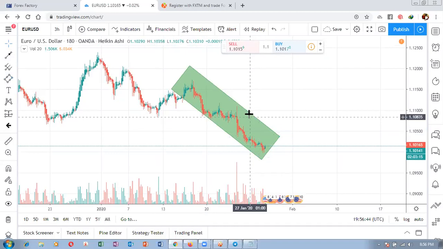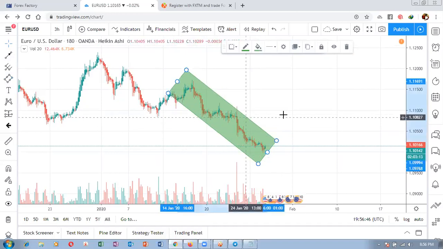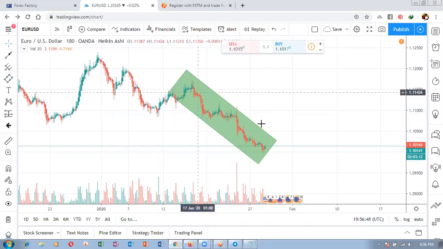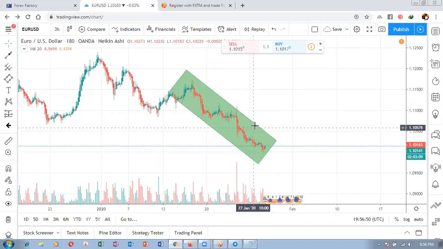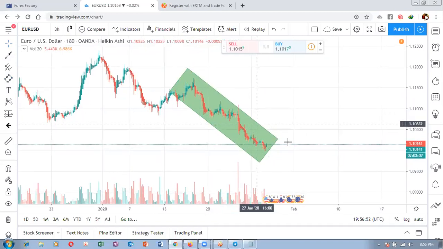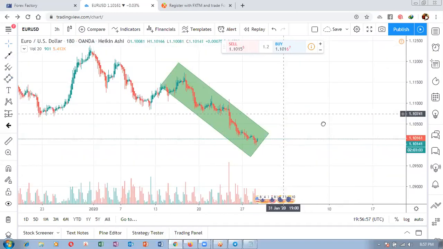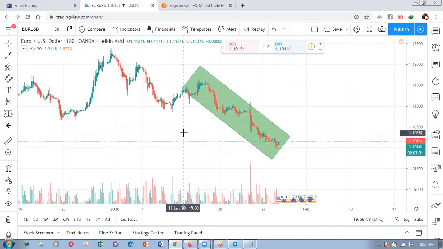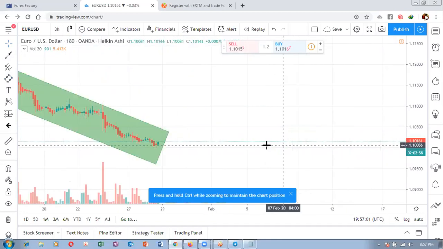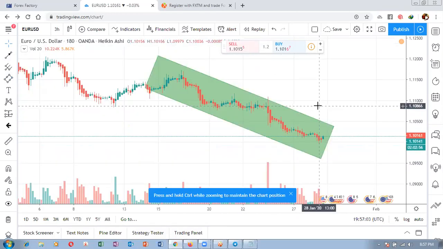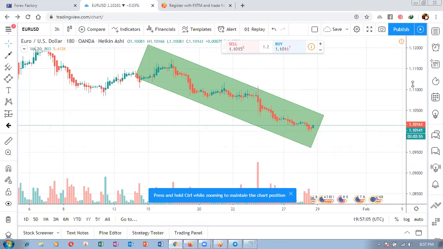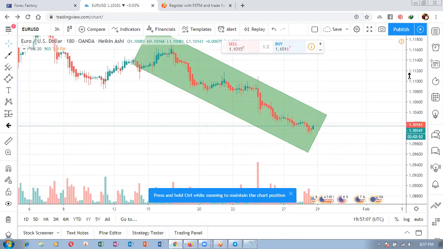That is, there is a pattern that the market is respecting and is going with it. Also, I want to know what type of candle is forming, okay?